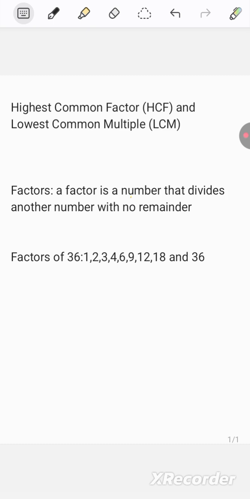If you observe, 36 can be divided by all of them with no remainder. 36 divided by 1 is 36, 36 divided by 2 is 18, 36 divided by 3 is 12 with no remainder, 36 divided by 4 is 9, 36 divided by 6 is 6, 36 divided by 9 is 4, 36 divided by 12 is 3, 36 divided by 18 is 2, and 36 divided by 36 is 1, all with no remainder. Well done.